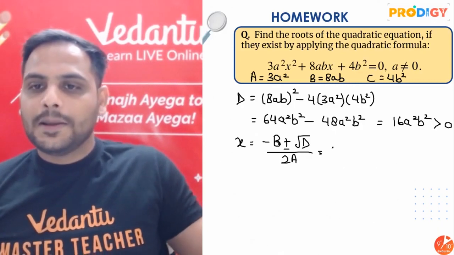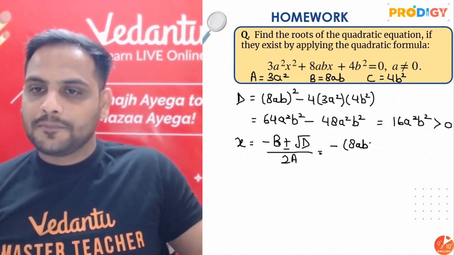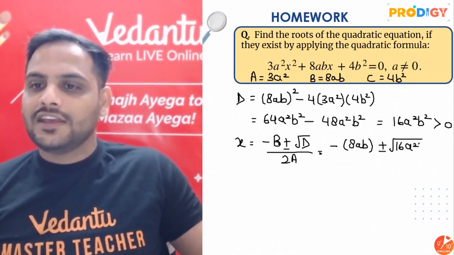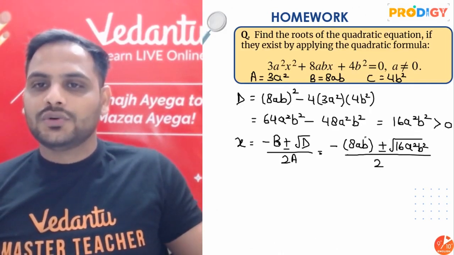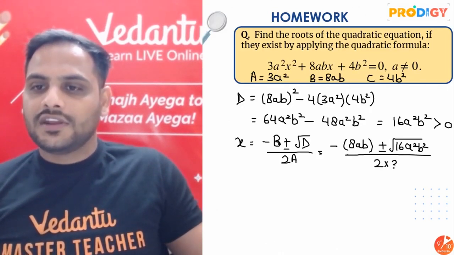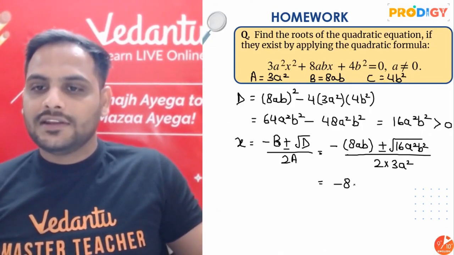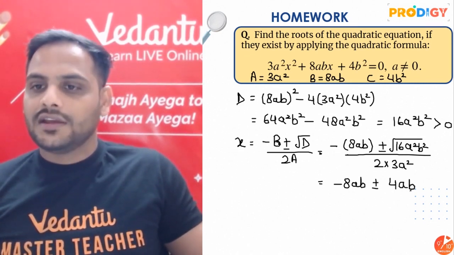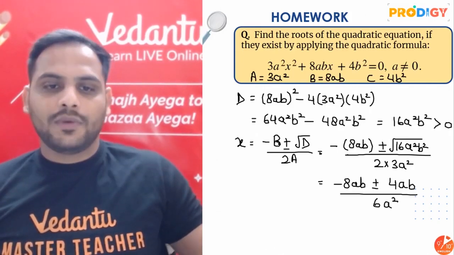So it will be minus of b, which is 8ab, plus minus square root of 16a square b square, divided by 2 into a, which is 3a square. So we are getting minus 8ab plus minus, the square root of 16 is 4, square root of a square is a, square root of b square is b, divided by 6a square.